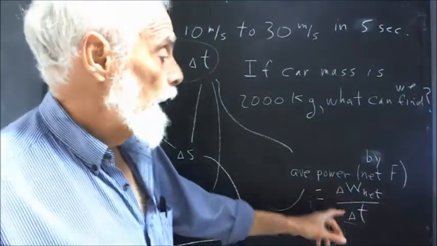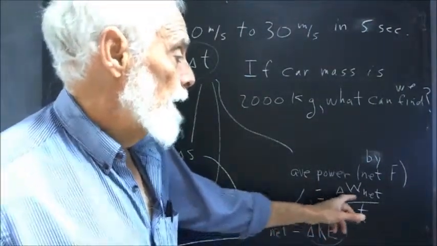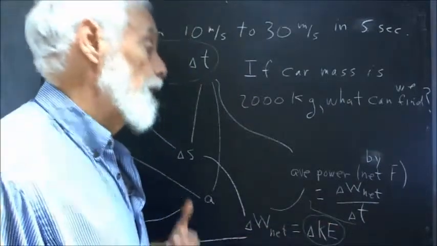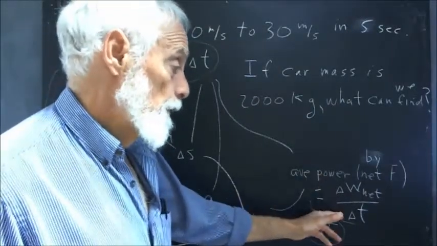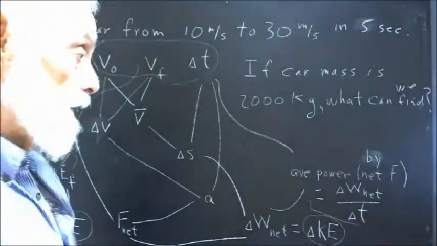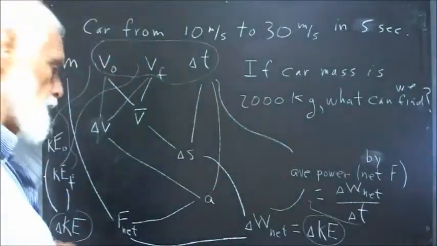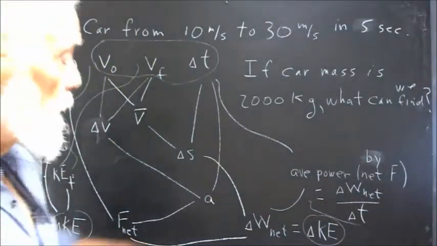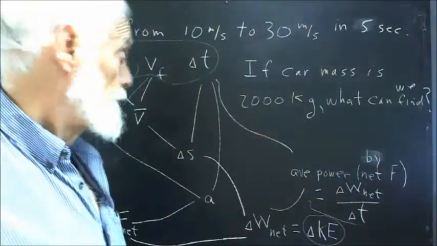And that's the average rate at which the amount of work done up to a point changes with respect to clock time. It's another rate calculation. So that's something else we can determine.